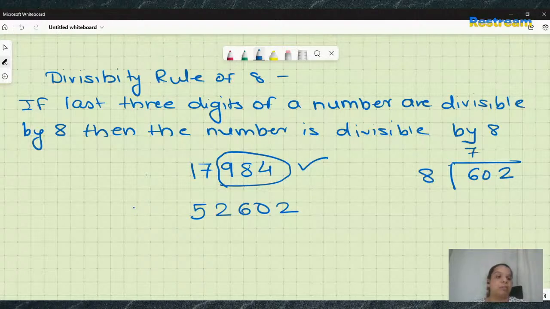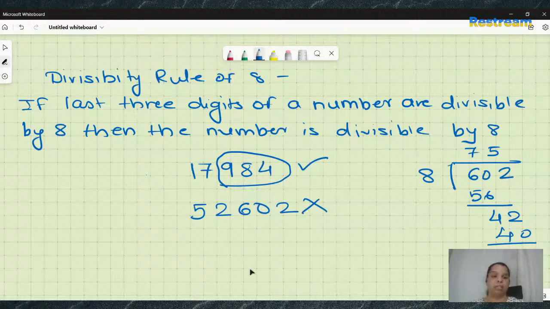So 8 times 7 is 56. So 60 minus 56 is 4, 42. 8 times 5 is 40. So we have a remainder over here. So this number is not divisible by 8. It's as simple as that.